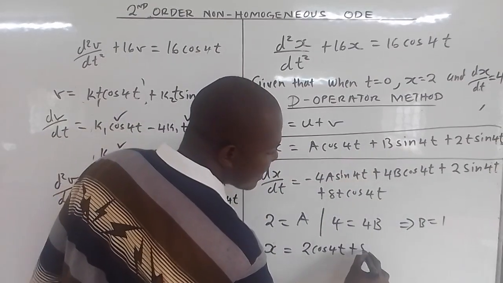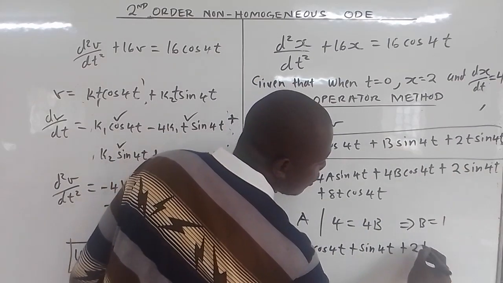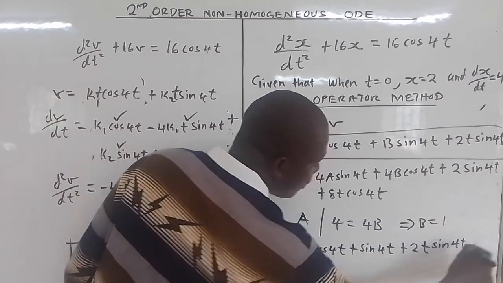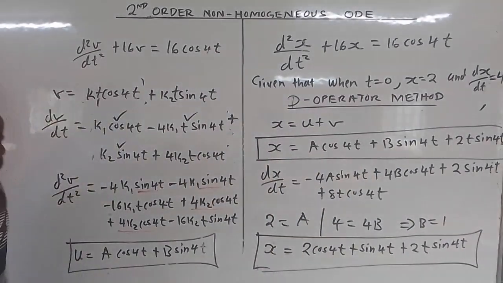So it is just a plus sign. 4t plus 2t sine 4t. And that is the solution of the given differential equation. Is that okay? That is the solution of the given differential equation.